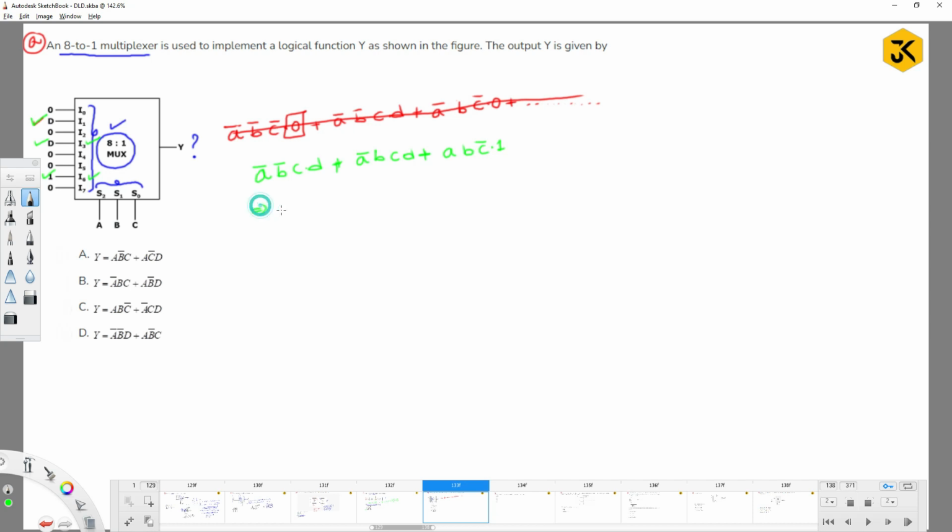So you can directly write A bar, B bar, C, D plus A bar, B, C, D plus A, B, C bar. Is it there in the list of options?